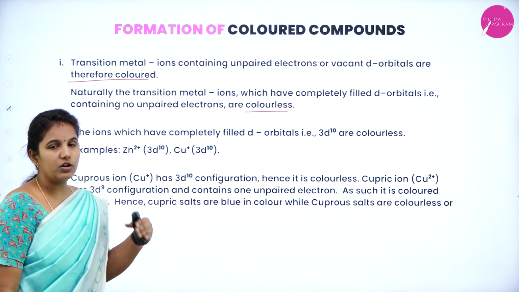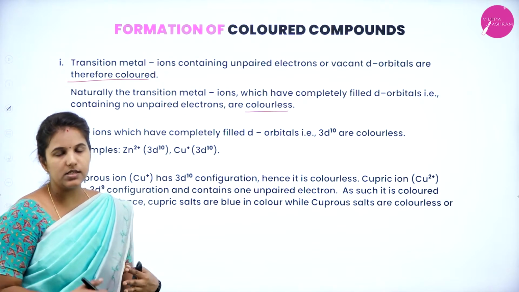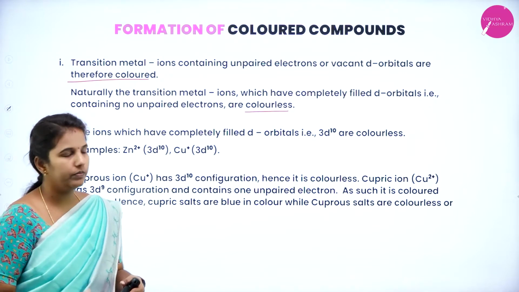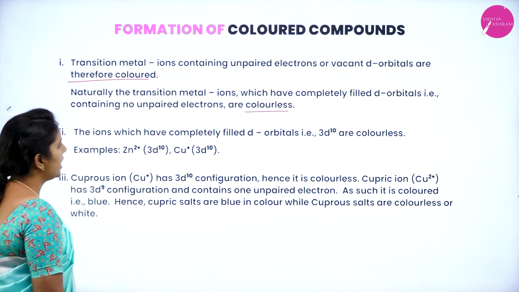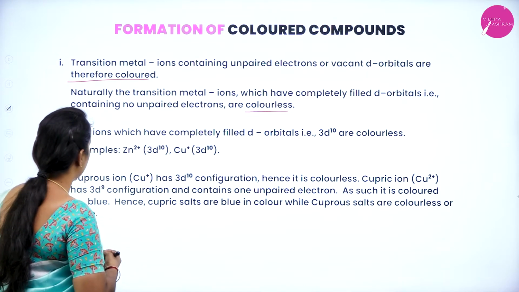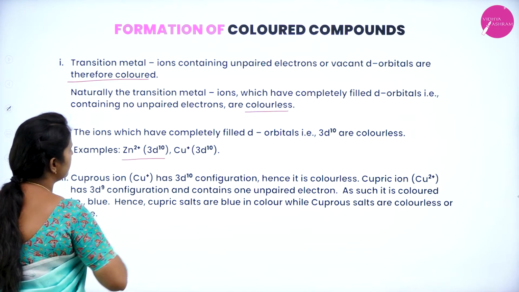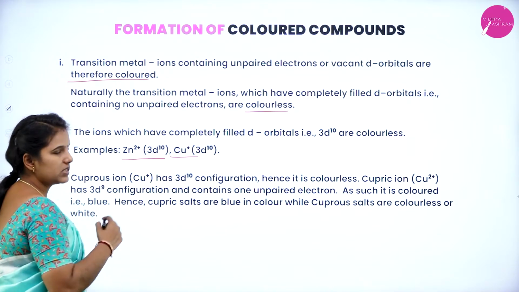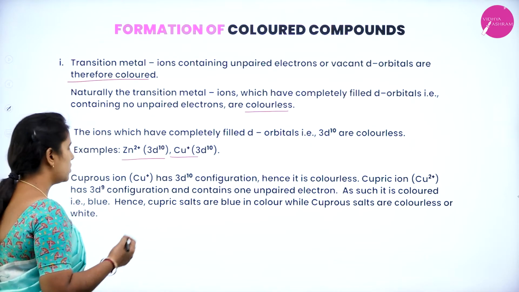If unpaired electrons are there in the substance, they are responsible for giving the color. The ions which have a completely filled d orbital, that is 3d10, are colorless. An example is Zn2+, which is 3d10, hence colorless. Similarly, Cu+, the cuprous ion, has a 3d10 configuration, hence it is also colorless.